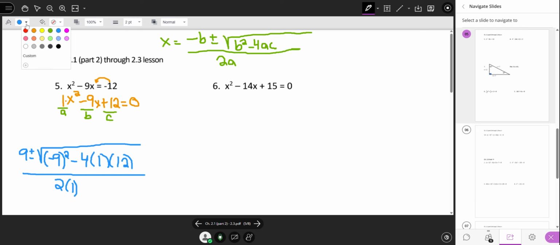Now, the next thing I would do is either put it in Desmos or calculator. Either one is good.